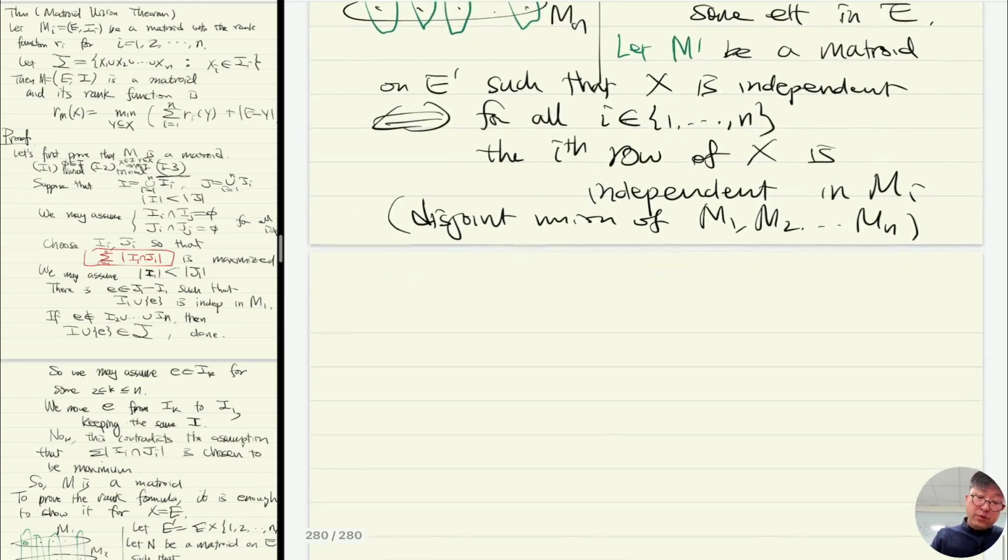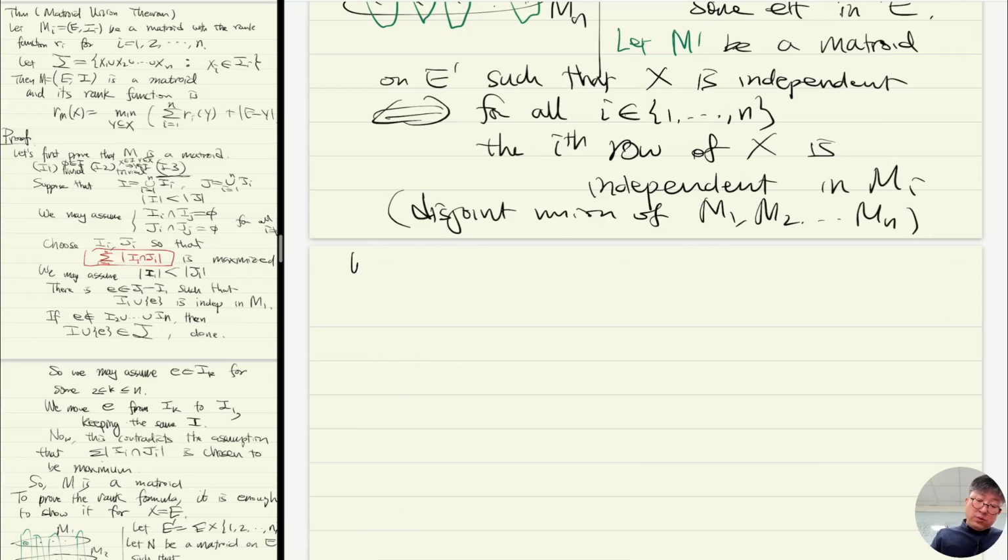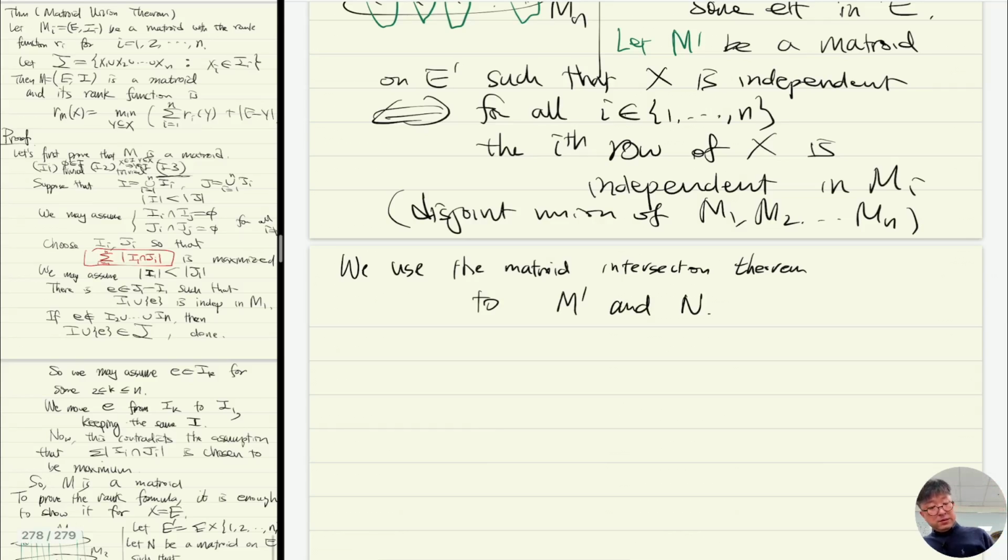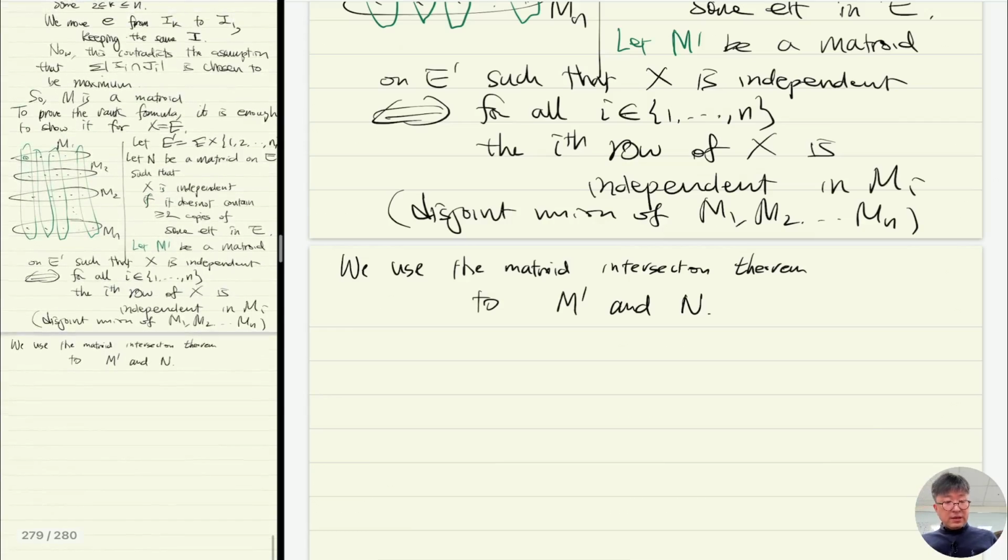Now we apply the matroid intersection theorem to M prime and N. Then what's going to happen?